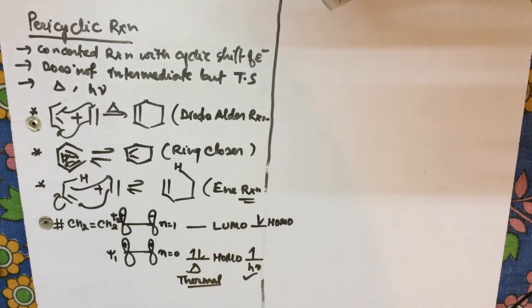Now I come to the types of pericyclic reactions, but before that I will show some classification of independent symmetry. One is the symmetric molecular orbital.